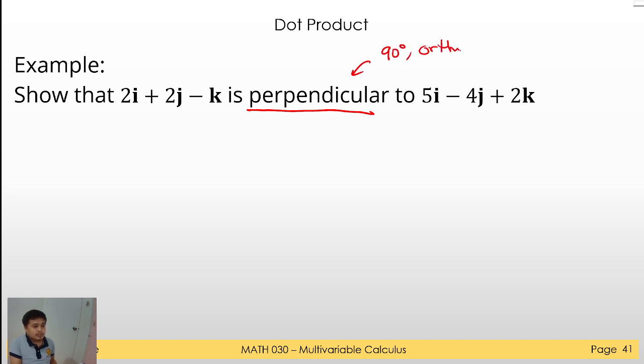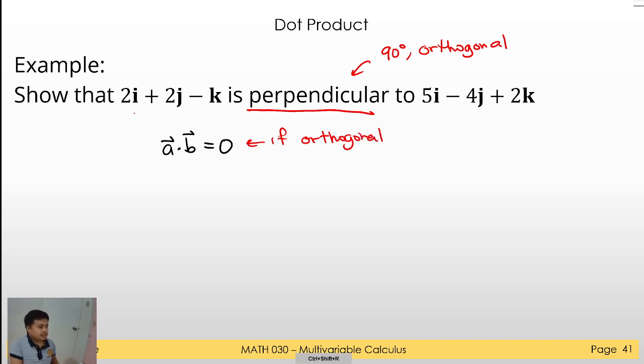Orthogonal, in the context of vectors, although orthogonal could still mean different things depending on the context in mathematics. But for vectors, we know that orthogonal means perpendicular or 90 degrees. So how do we know that it is orthogonal? Their dot product should be equal to 0 if orthogonal.